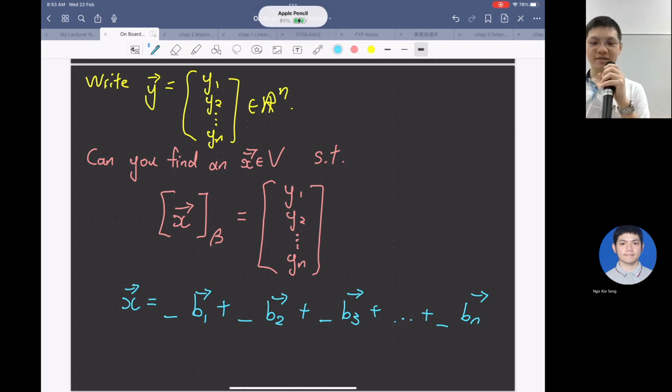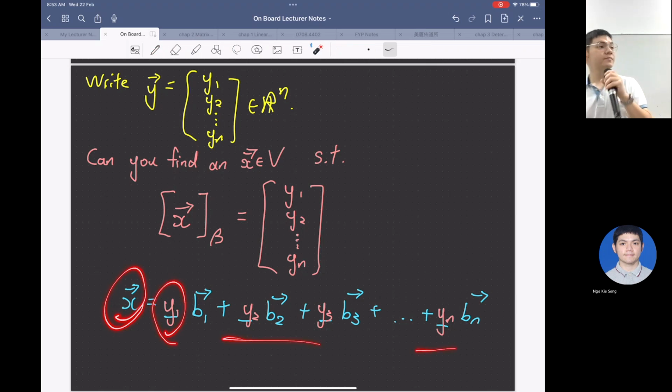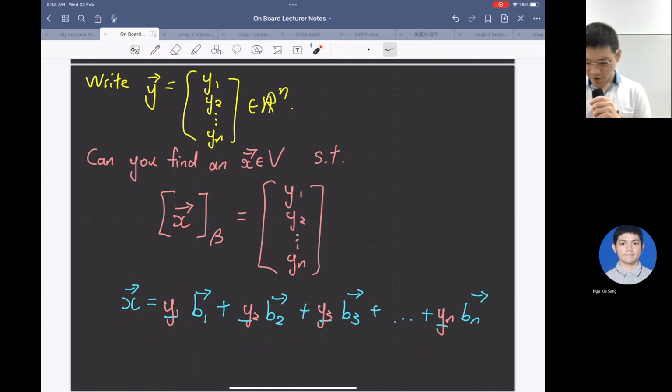You put just y1 up to yn. So that when you read the coefficient of the vector x, you get y1 up to yn.